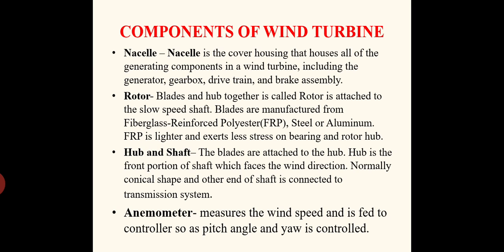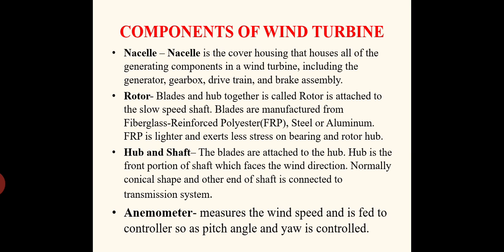Now coming to the next component, that is hub and shaft. The blades are attached to the hub. Hub is the front portion of the shaft which faces the wind direction. It is not mandatory that the hub always faces the wind direction. Based on whether it is facing the wind direction, it is called upwind and downwind. We will discuss that later.